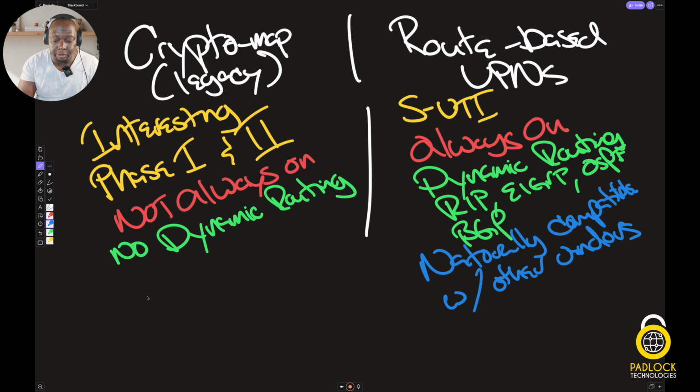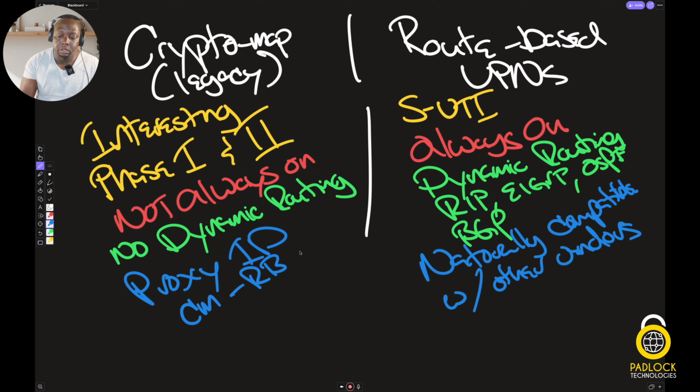And then you have to do something called proxy ID to get this to work. When you try to do crypto map to a route-based site-to-site VPN, you run into this proxy ID function that you need to put in to get this to actually work. This is like FTD or ASA going to Palo, going to Fortinet, going to, I don't remember if Checkpoint actually does that. But anything that traditionally does a route-based style site-to-site VPN, you're going to have a problem with trying to do that with your traditional crypto map style VPNs.